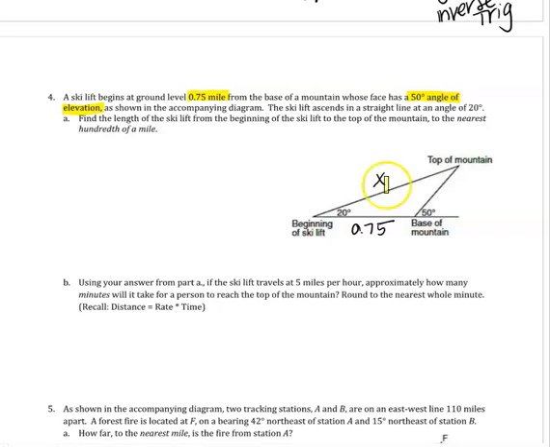So let's check out our law of sines. So a few things I'm going to have to find. This x is opposite this angle right here, which I don't know, but I can easily find because I know that's a line, which means it's 180 degrees. So that must be 130. Now this 0.75 that they gave me is opposite this angle right up here, which I also don't know.